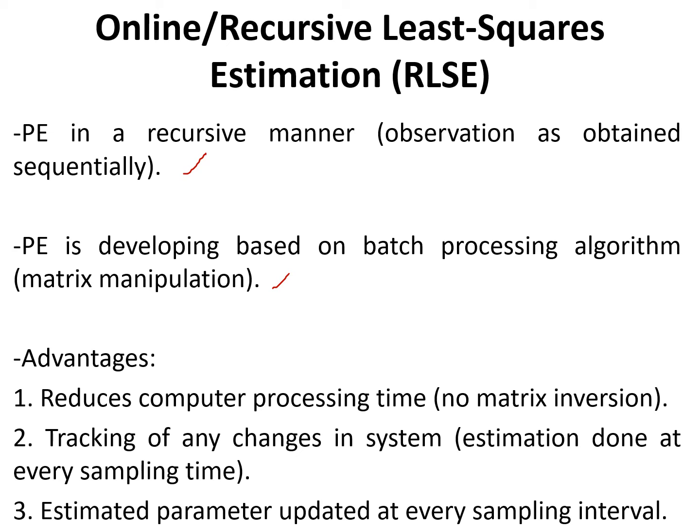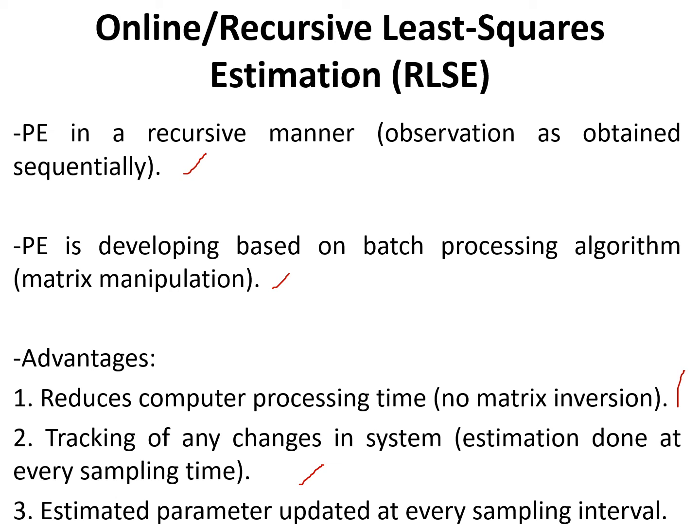This significantly reduces computational time and effort since there is no matrix inversion involved. Also, since the estimation can be done at every sampling interval, it allows the tracking of any change that might occur in the system.